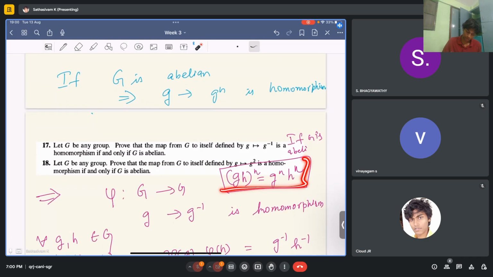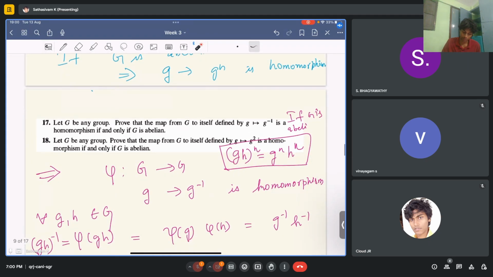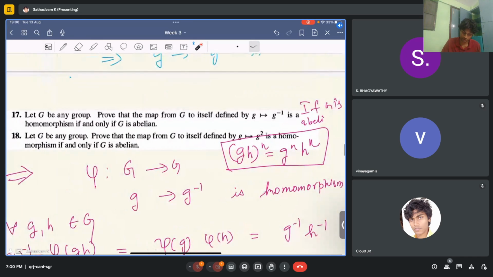So remember this: it is true if you have an abelian group. If you don't have an abelian group, this statement is not true. You cannot always write (gh) power n as g power n h power n. In fact, when you write it, some additional terms come in, like (gh) power n choose 2, and that is why commutators are important, because they appear.